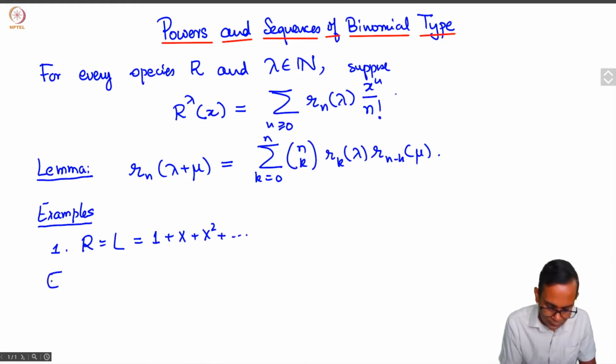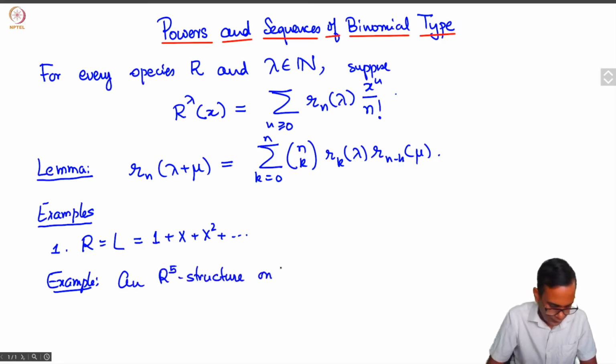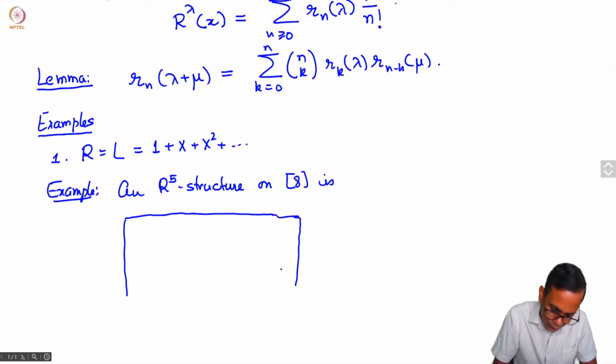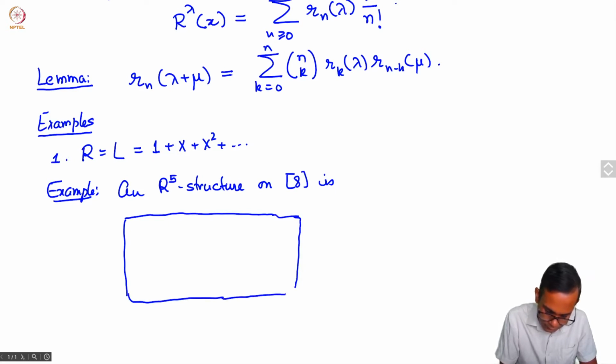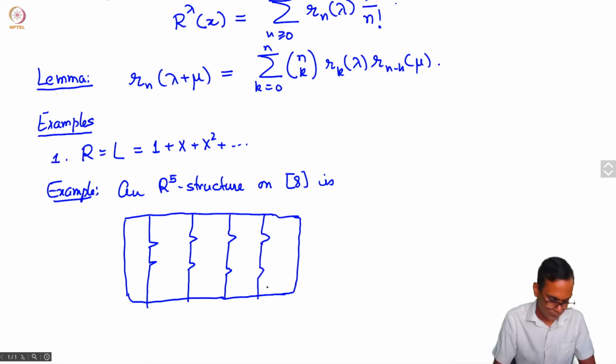So as an example, if you look at an R5 structure on a set with 8 elements, it can be visualized. Here's an example of such a thing. You need to divide the set into 5 parts which are ordered: the first part, the second part, the third part, fourth part, and fifth part.